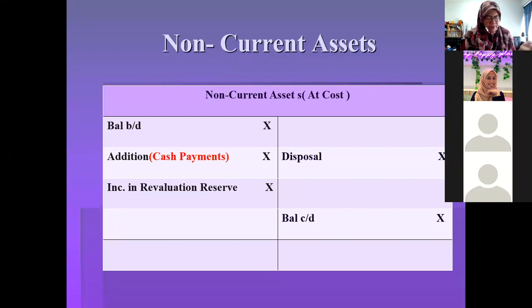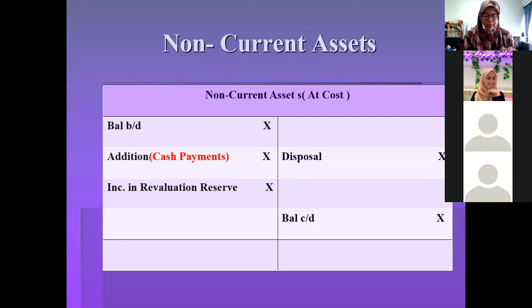So what happened to this equipment? Last year, 216,000. This year, 278,250, ada increase. So what does it mean by an increase in equipment account? Increase, bertambah. Sebab apa? Kita beli. So there is a purchase of equipment. Tapi bila kita tengok additional information part A, sold equipment.